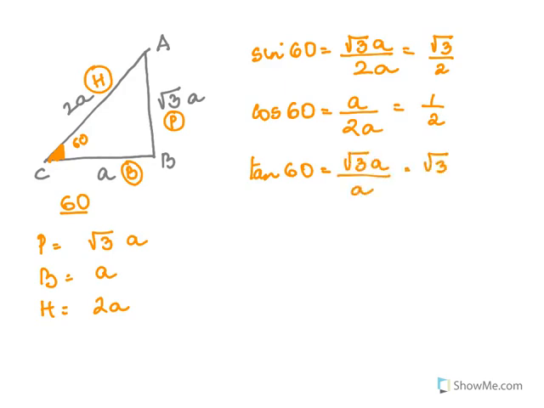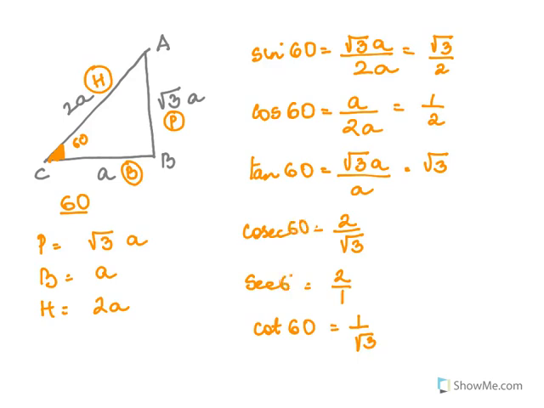So it will be root 3. If you know sine, you know cosec. Cosec theta is the reciprocal of sine, 2 over root 3. Sec theta is the reciprocal of cos, and that is 2 over 1. Cot 60 is the reciprocal of tan, that will be 1 by root 3. Now these values are all for 60, okay? You need to learn these values well.